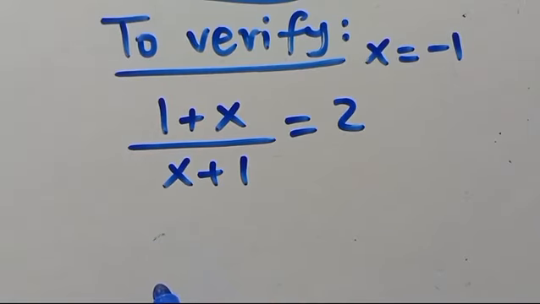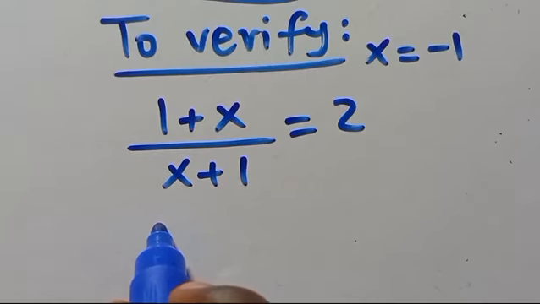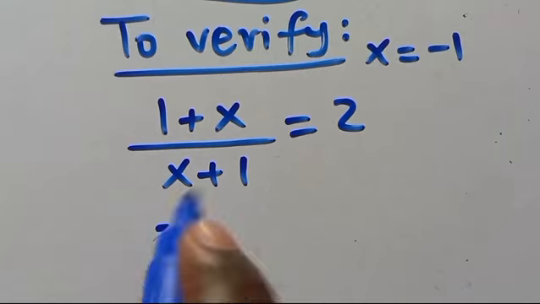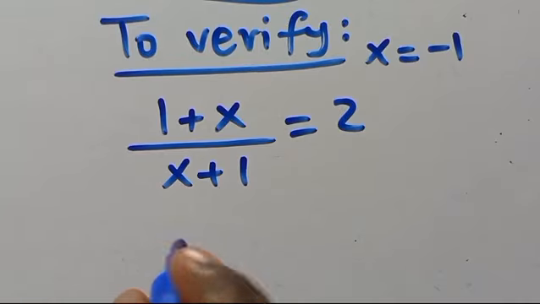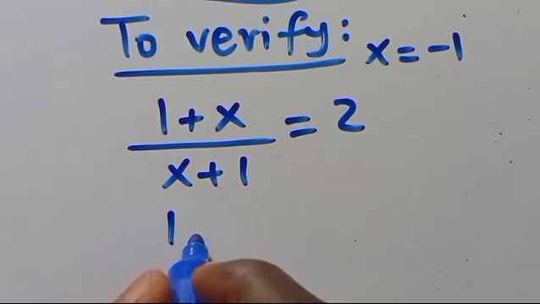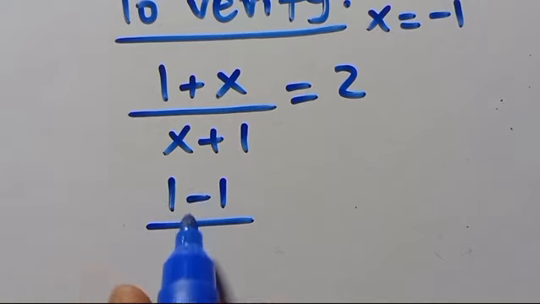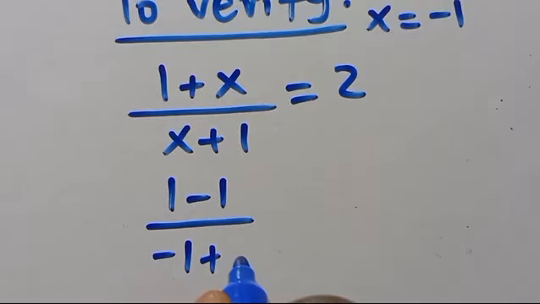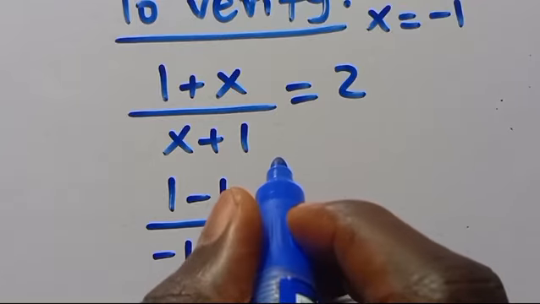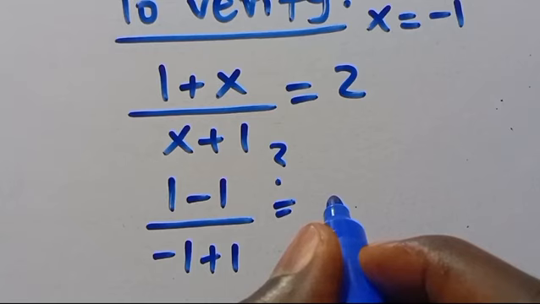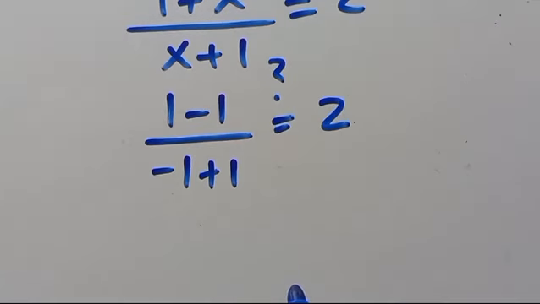So from here, we are going to have 1 plus minus 1 over, from this side also, minus 1 plus 1. Then the question now is, is it going to give us 2?